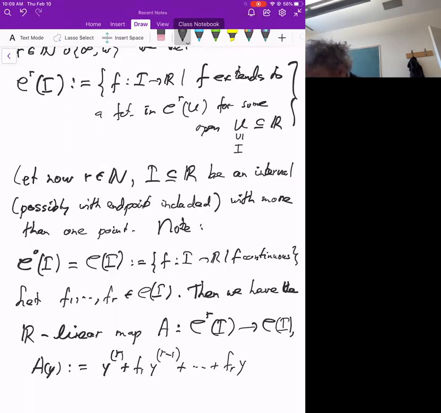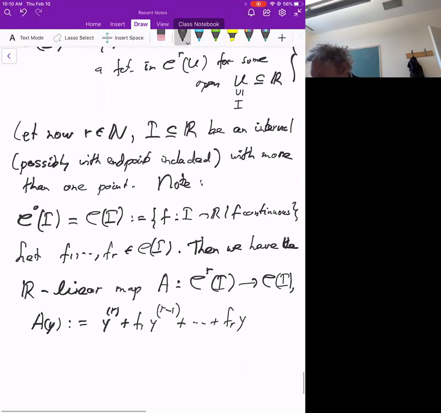So this is a linear differential operator, if you like. It's important that this is an R-linear map. And the kernel, of course, consists just of the solutions in C^r(I) of the corresponding homogeneous linear differential equation.